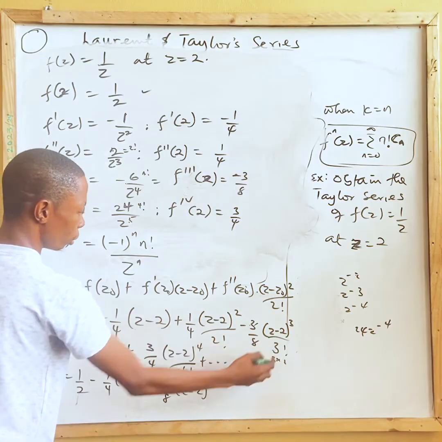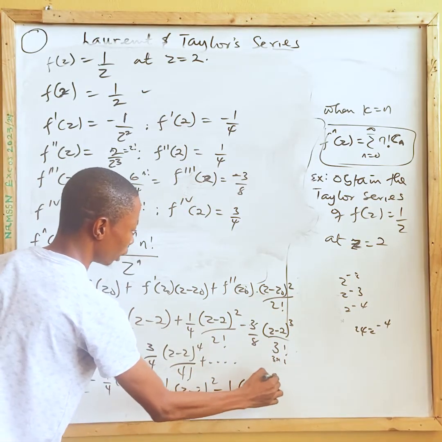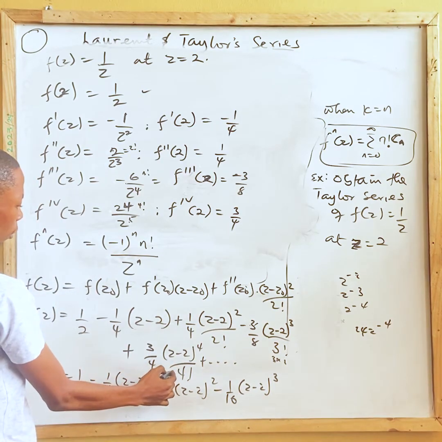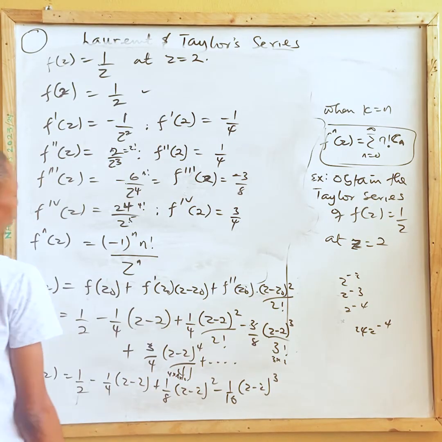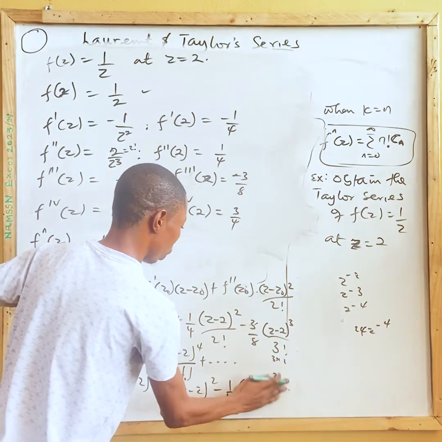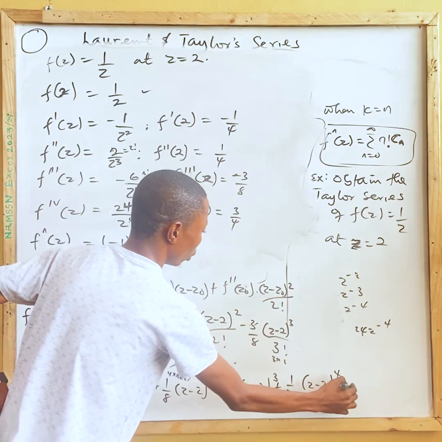So this is minus 1 over 16 times z minus 2 raised to power 3. And 4 factorial is 4 times 3 times 2, the 3 will go, 4 times 4 times 2, that's 32. So plus 1 over 32 times z minus 2 raised to power 4, and so on like that.